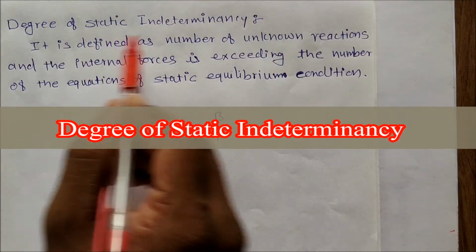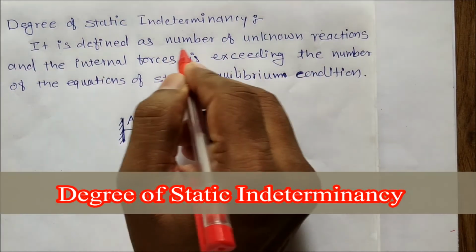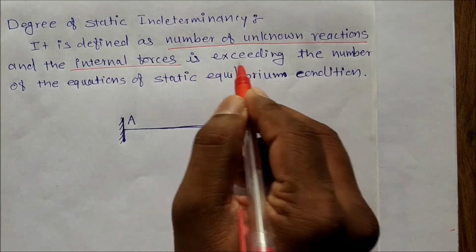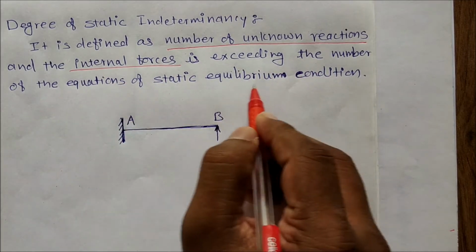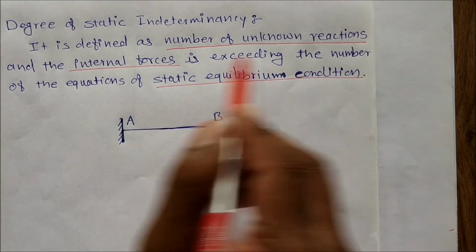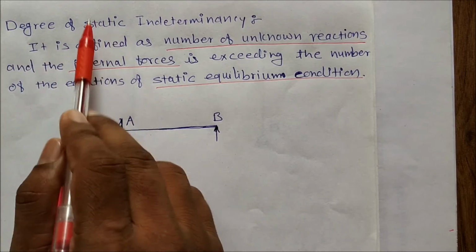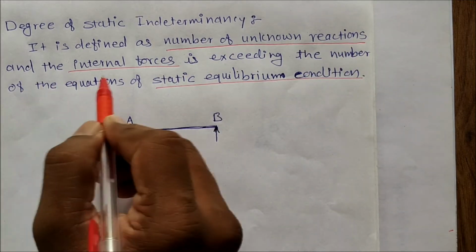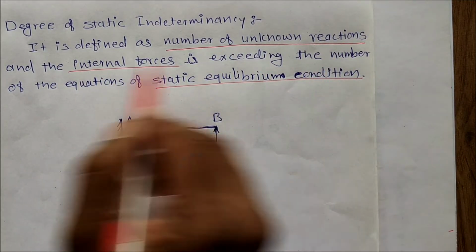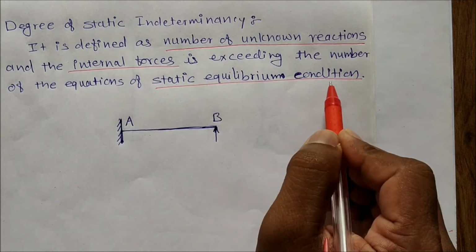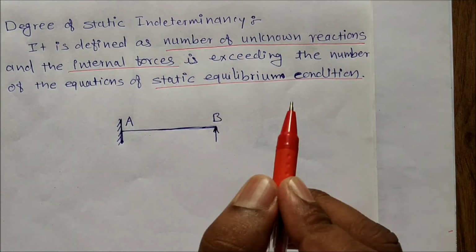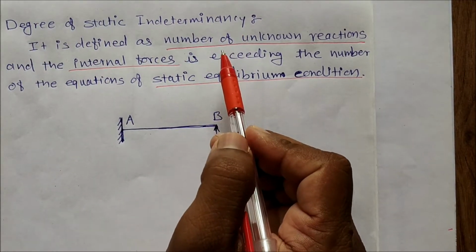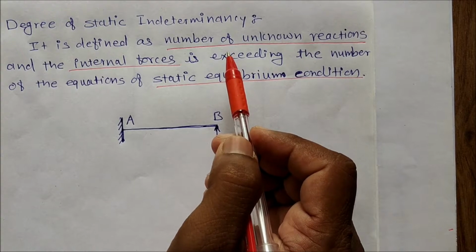Degree of static indeterminacy is nothing but the number of unknown reactions and internal forces exceeding the number of static equilibrium equations. That number is called the degree of static indeterminacy. It will be more clear by taking an example.